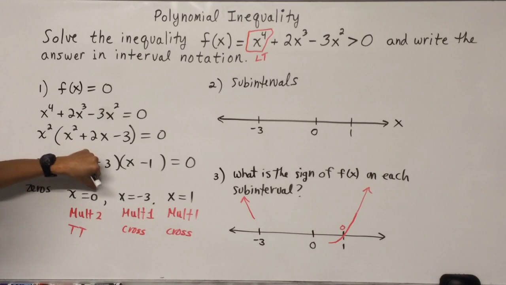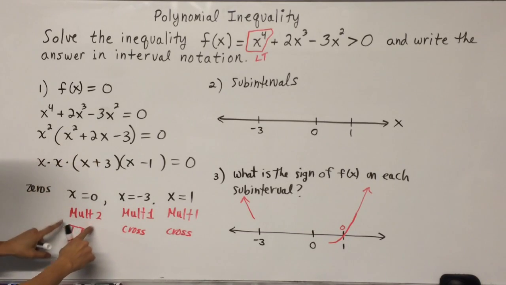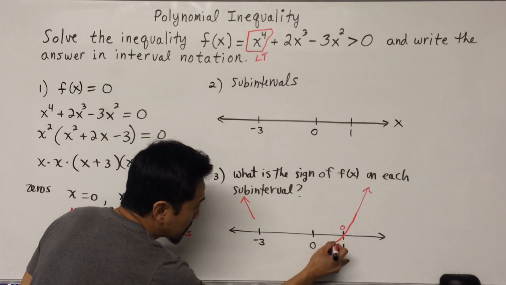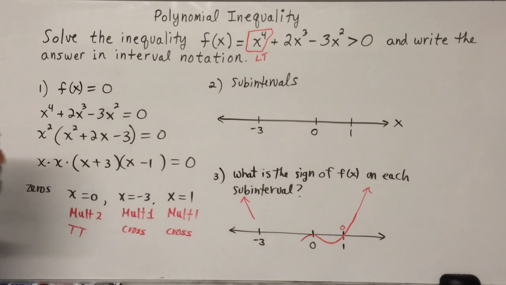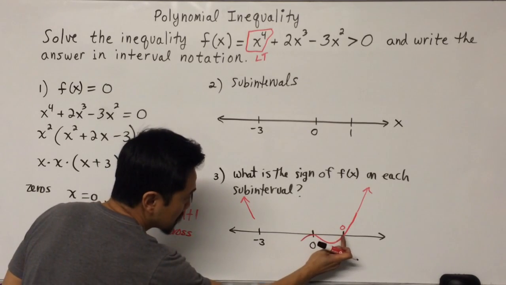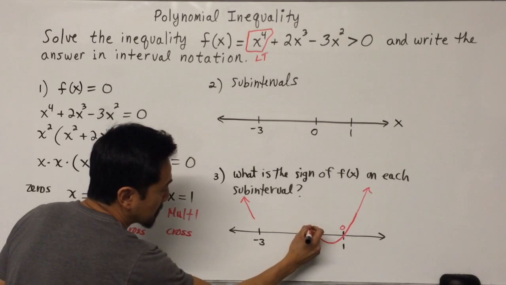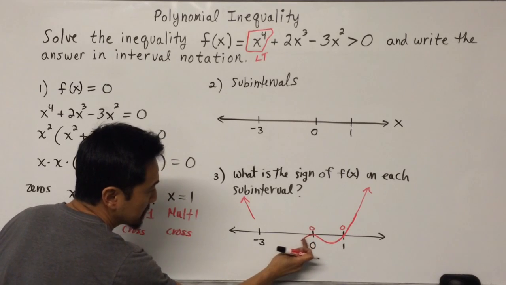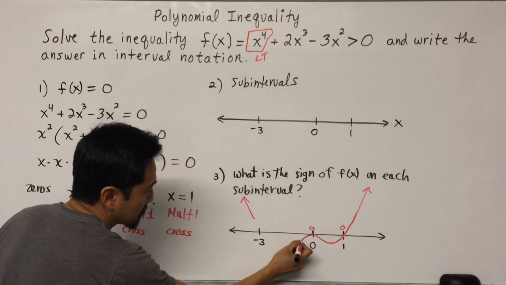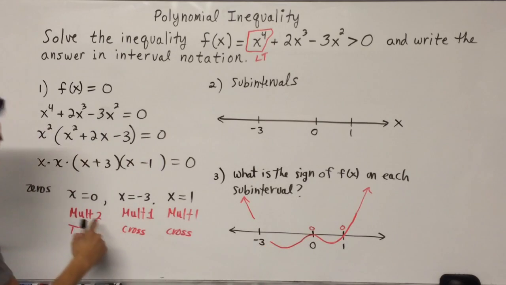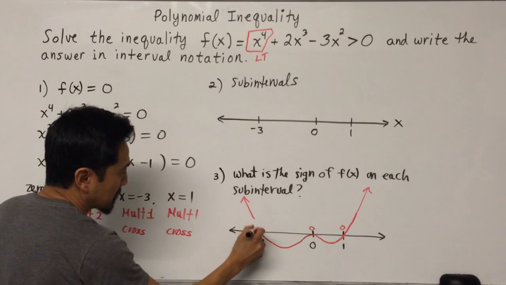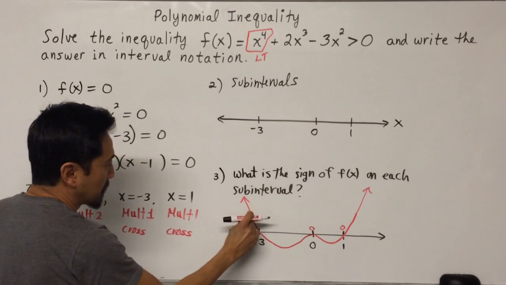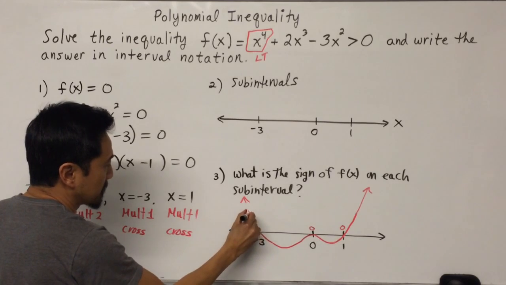But then, at 0, 0, we're going to touch and turn. So here at 0, 0, we're going to hit the x-axis and then stay negative. So the function on that subinterval is negative. It comes back to 0, then it stays negative. And then it's going to come to negative 3, 0. And since we've got a multiplicity of 1, we're going to cross through, and then it's going to go and meet this other portion of my graph.